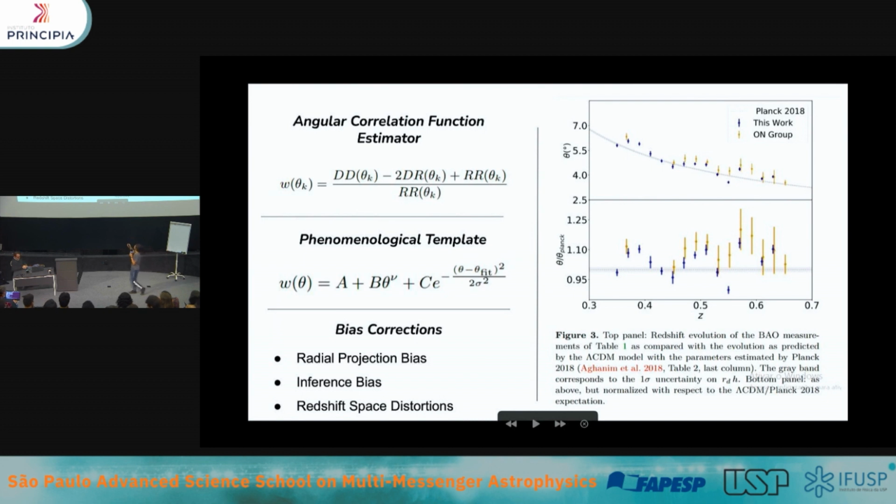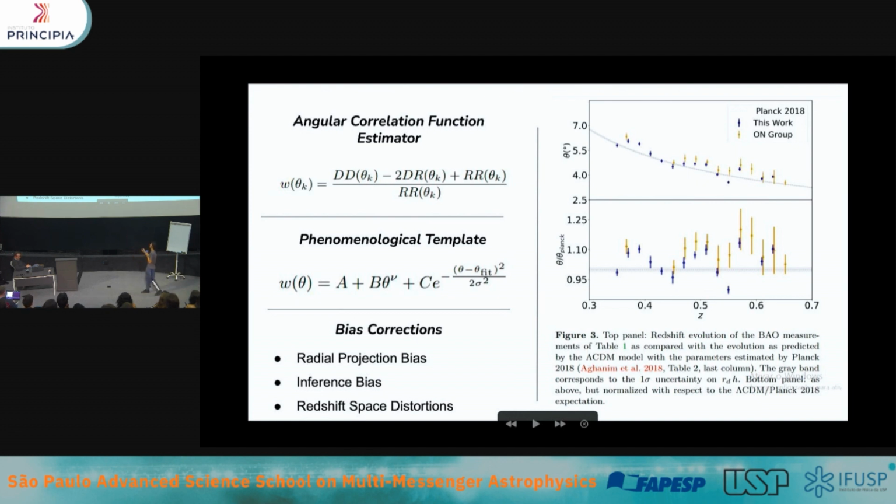Then we calculate this estimator for each redshift beam, and we infer the parameters of this phenomenological model, where the position of the baryonic acoustic oscillations peak is going to be the peak of this Gaussian.